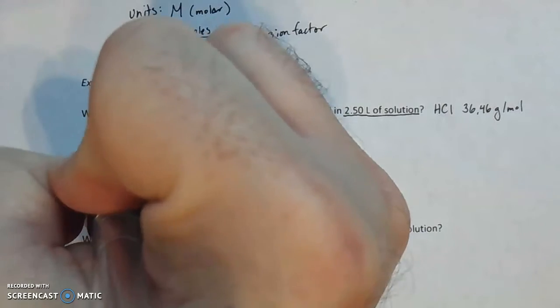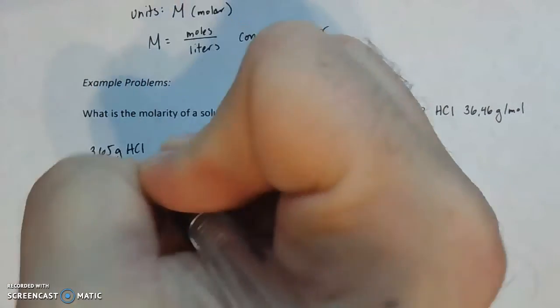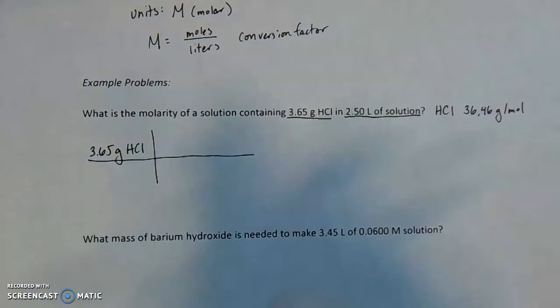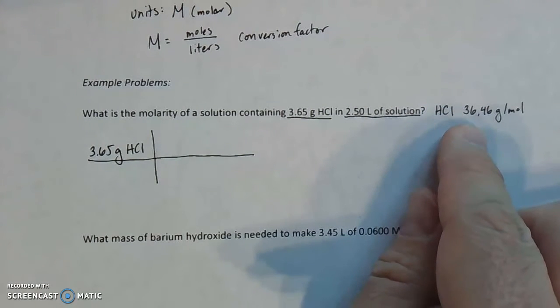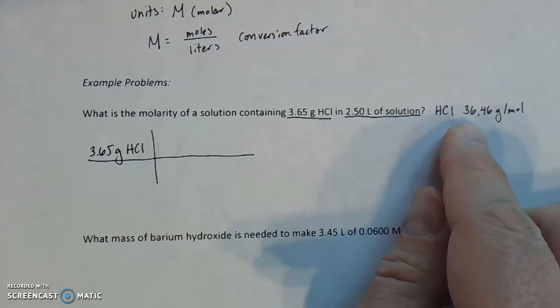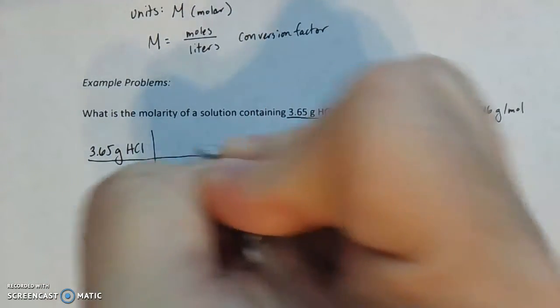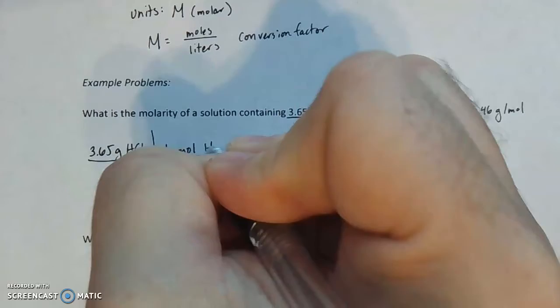So 3.65 grams of HCl, and we want to convert that into moles. So here is our conversion factor for this, 36.46 grams of HCl are in 1 mole of HCl.